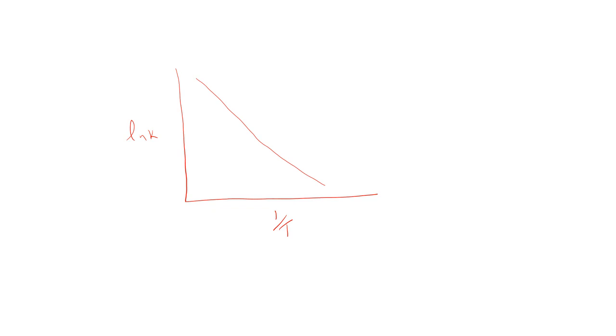And if you're to get the gradient, then we have delta ln k and then change in 1 over T. And so the slope will be equal to change in ln k over change in 1 over T.